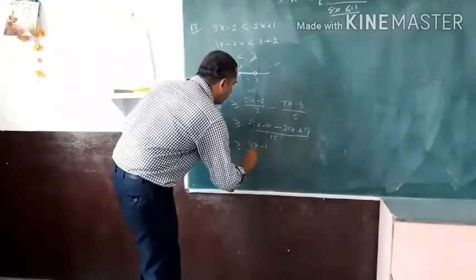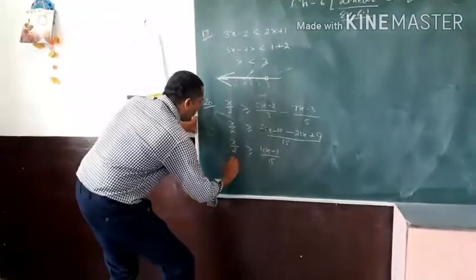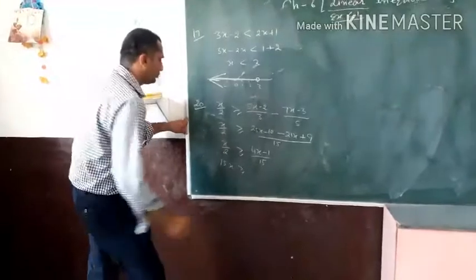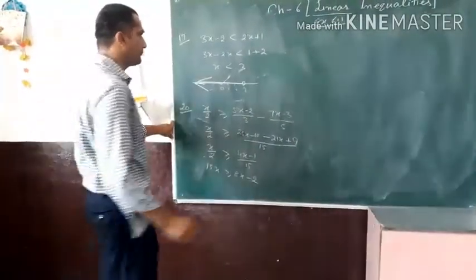Cross multiply: 15x greater than or equal to 8x minus 2.